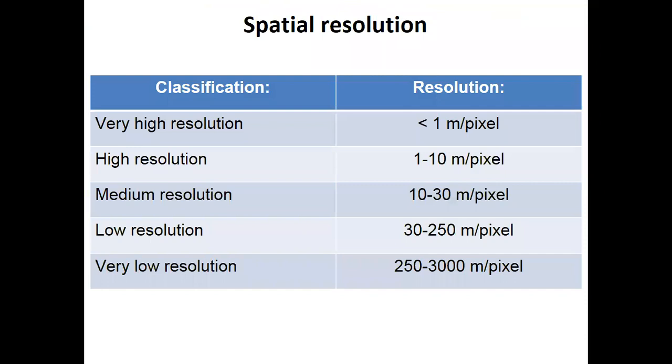Actually, the spatial resolution could be very different. This is one of the possible classifications. Usually when we are talking about very high resolution, it's about images with a pixel size less than 1 meter, currently up to 25 centimeters per pixel could be available.